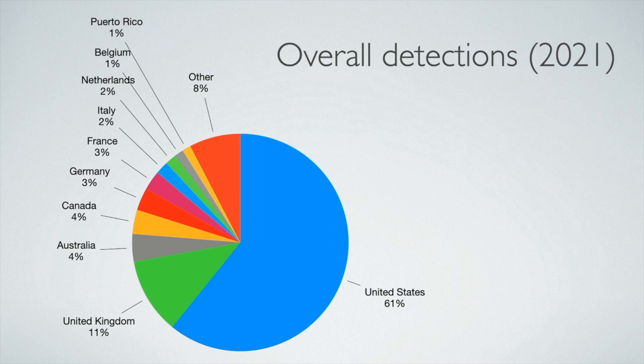Actually, there are no countries in that top 10 in the pie chart in Asia. We don't have a real strong presence in Asia. In particular, China, our software has trouble getting through the Great Firewall, so we don't have a strong presence there, and our data there is not as strong.